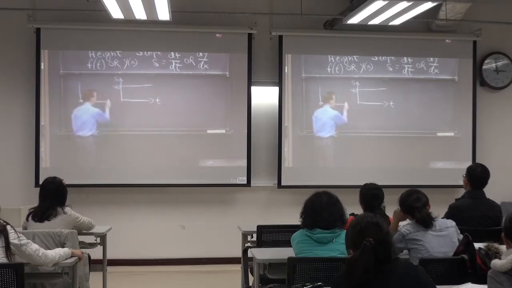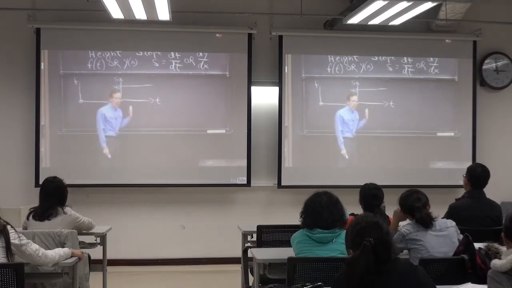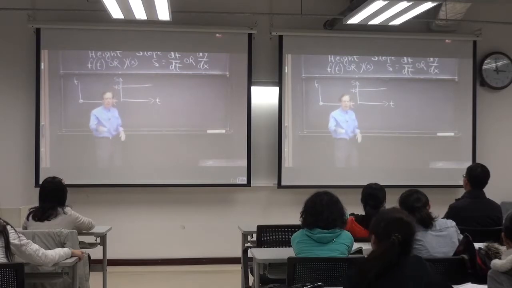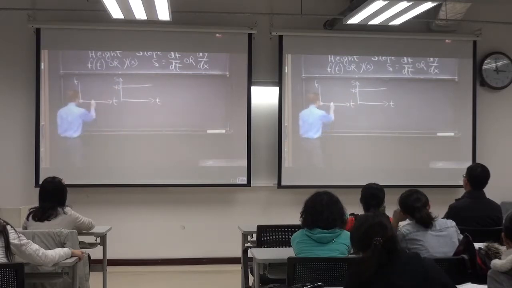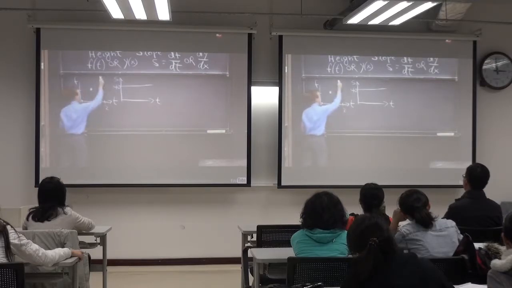So this is time, again, and now this is going to be the distance. After 1 hour, my distance is 40. So if I mark t equal to 1, I've reached 40. That's height 40. At t equal to 2, I've reached 80.